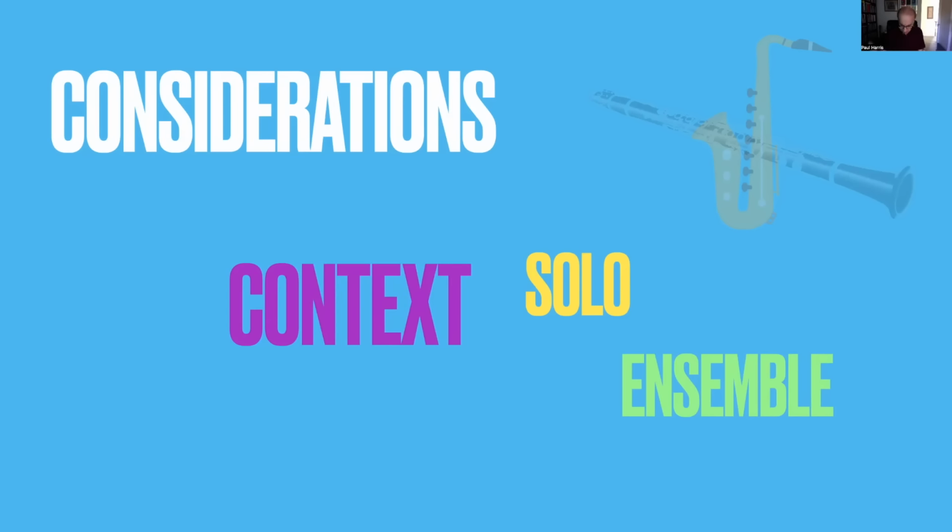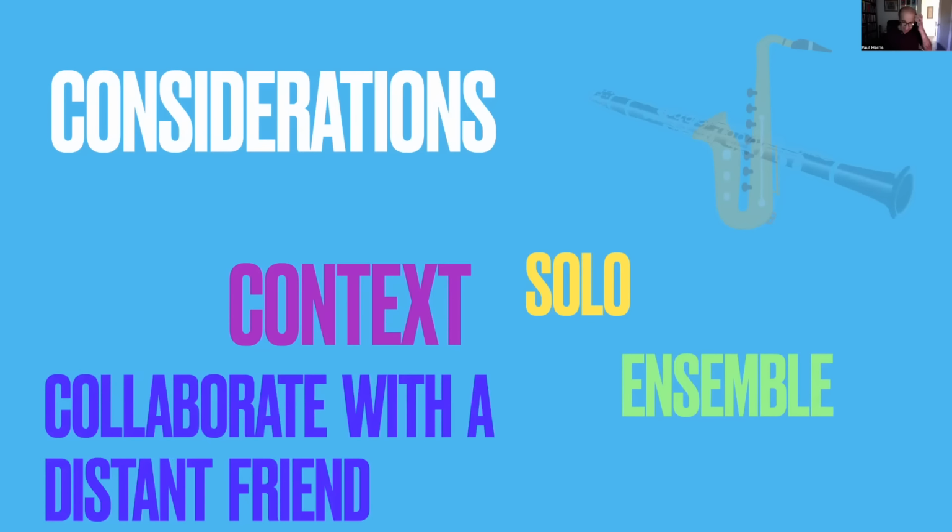And again, we are thinking carefully about practicing that in an appropriate time in the right order. Maybe we want to learn something in order to allow us to collaborate with a distant friend, and I'm going to explain what I mean in a second. Or indeed, maybe we don't get the chance to play ensemble music very much. Certainly this was a thing during the worst bits of COVID. And we can create our own ensemble.